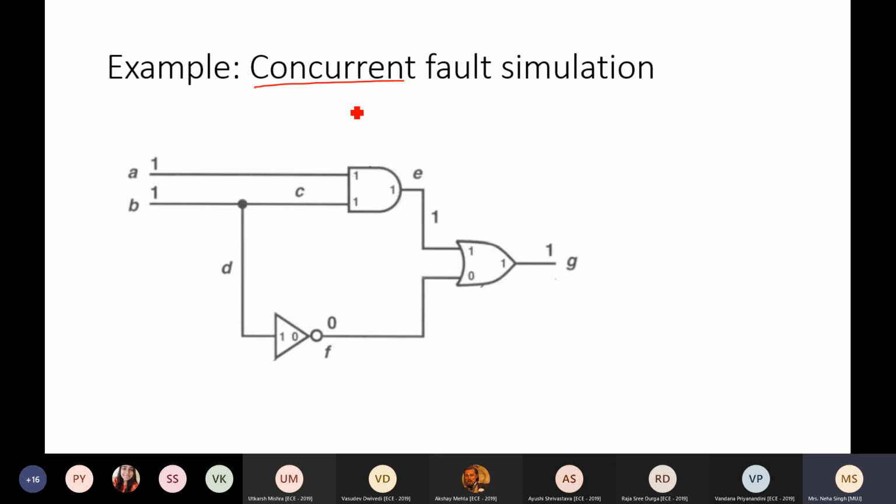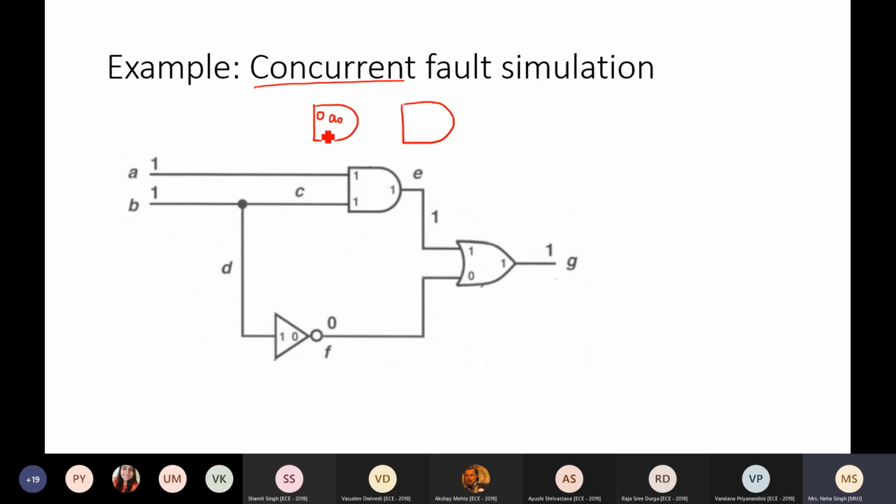What are the possible faults that this AND gate can see? Anyone? Any first fault? A stuck at 0. Okay. And if we consider A stuck at 0, what will be the inputs to this AND gate? 0 and 1.